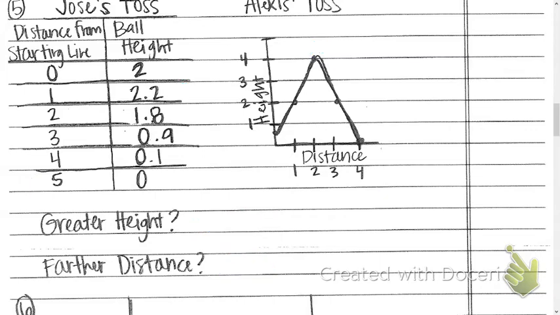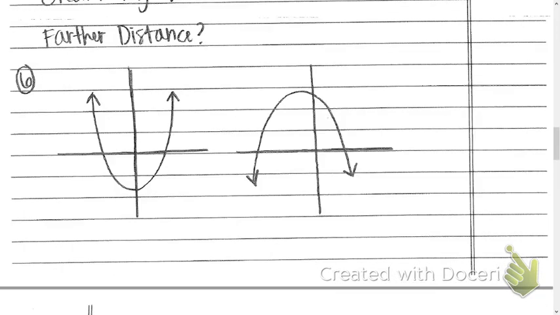All right, number 6. Number 6 does not have a question on it, but what I want us to do on your paper, from here to about here, is this graph increasing or decreasing? Decreasing. It is decreasing. So I want you to write the word decrease.